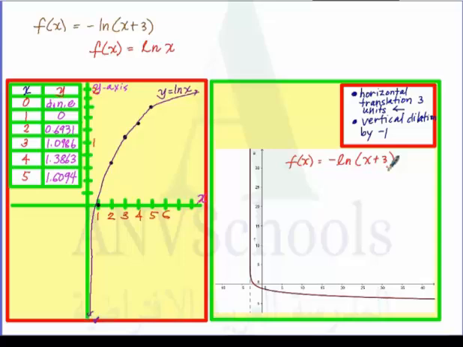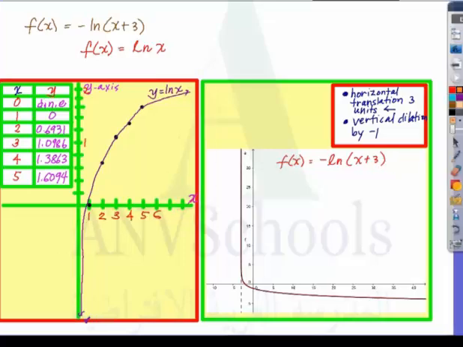Okay, it is a reflection, and it has an asymptote at x is equal to -3, and as you can see here, as compared here, now this graph has an asymptote at the y-axis, or when x is equal to 0, right?